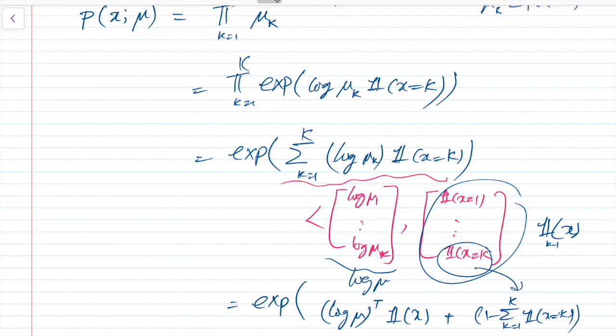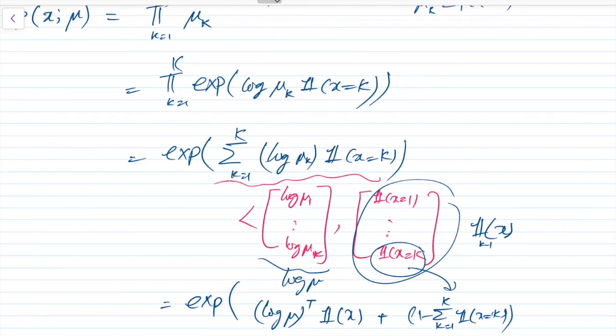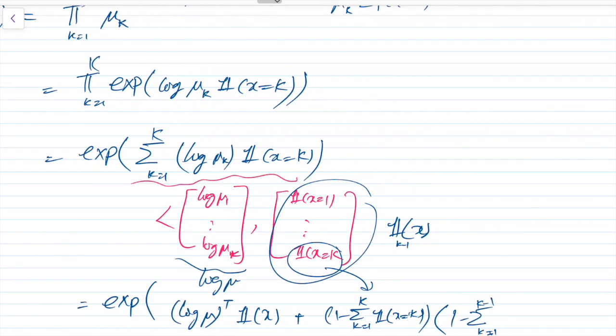This is the kth one. If the rest of them are 0, this one becomes 1. And I can write the last one as, okay, right? Because all of them sum to 1, I said I only want the kth one.